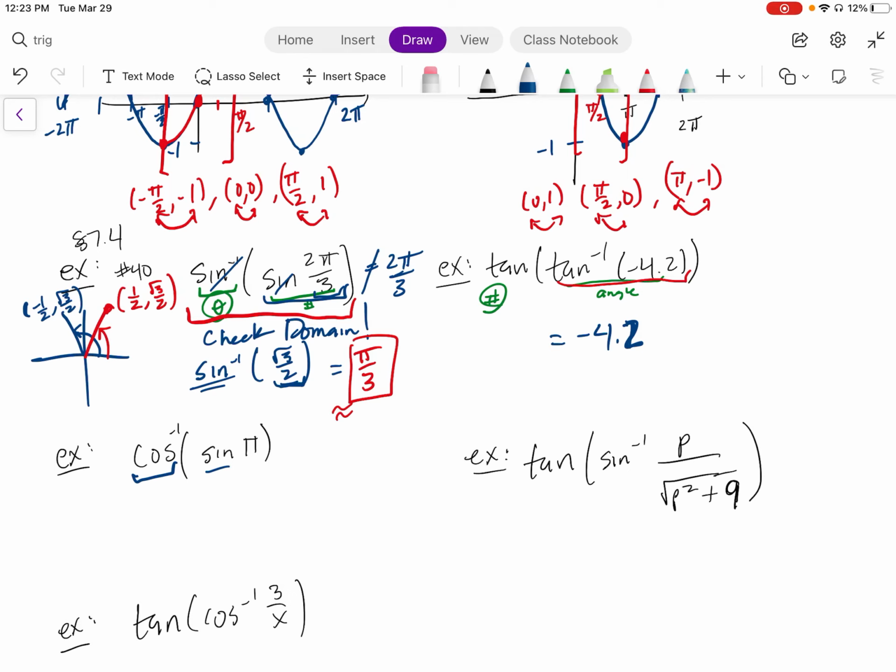It's just good practice, good habit. All right, sine pi. Sine of pi is 0. So cosine inverse of 0, the angle that will give us 0 for cosine, remember cosine is x, is up here, right? It's pi over 2.